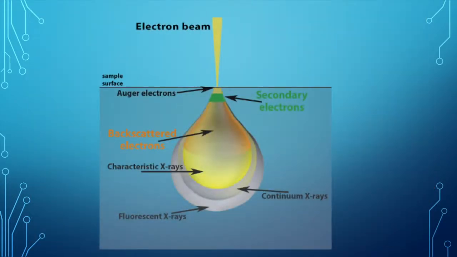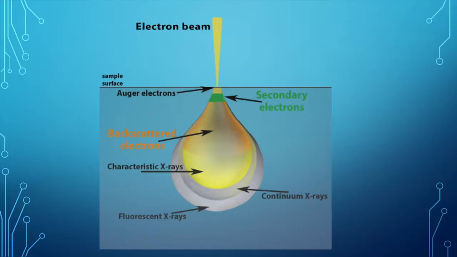As the electrons are focused and directed onto the sample's surface, the electrons would interact with the sample in either an elastic or inelastic manner, which produces backscatter electrons and secondary electrons that are higher and lower in energy respectively. Primary electrons come from the electron gun situated at the top of the microscope, while secondary electrons originate from the specimen as a result of displacement by the primary electrons.